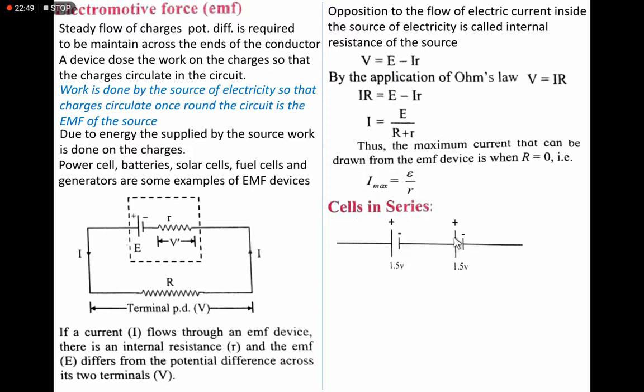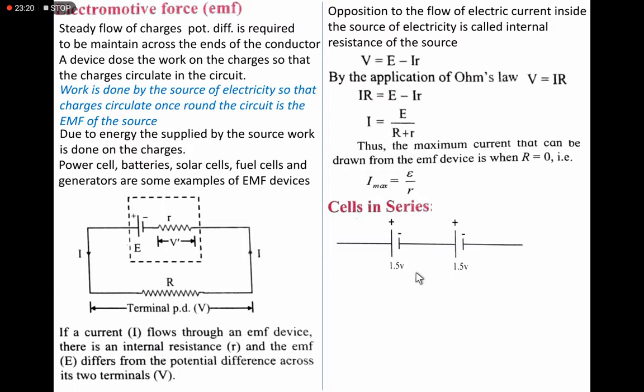Then cells are in series, and addition of the EMF will be there. If we connect the negative of one cell to the negative of another cell, then the cells are in reverse order, and there is subtraction of the EMF of the source of electricity.